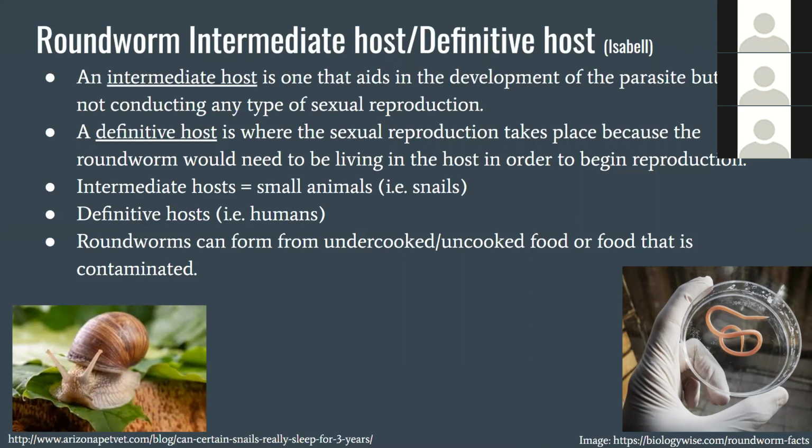The final step would basically be the definitive host, which is where the sexual reproduction takes place, because the roundworm would need to be living in the host in order to begin the reproduction. So an intermediate host might include a small animal like a snail, and a definitive host would be more of a human. So roundworms can be formed basically from undercooked or uncooked food or food that is contaminated.